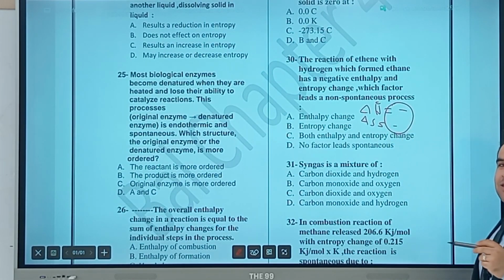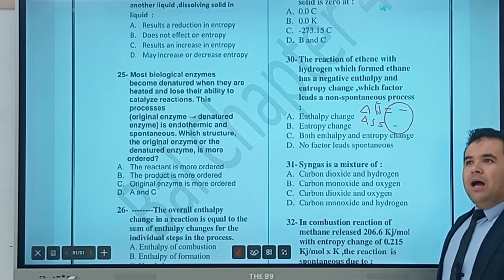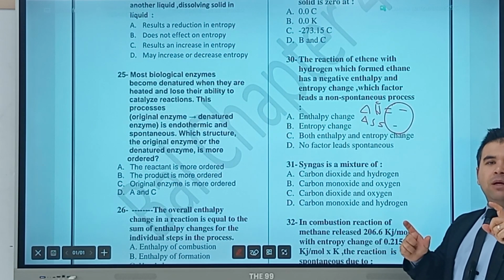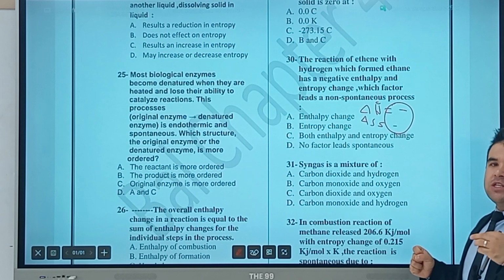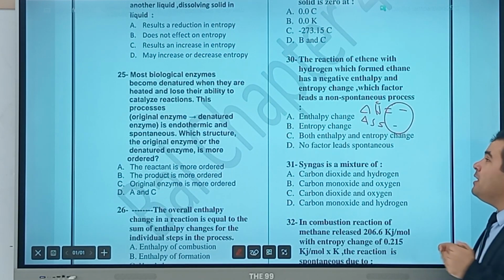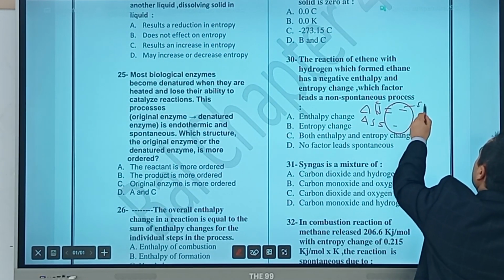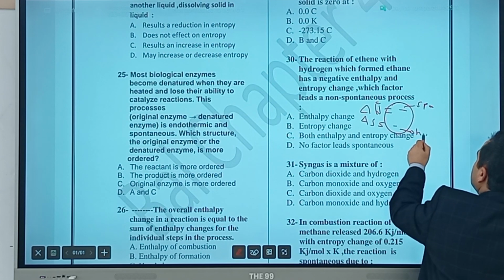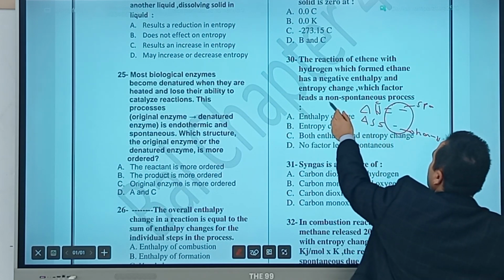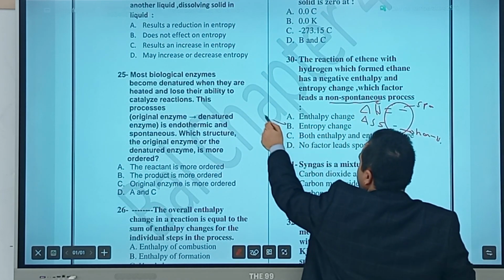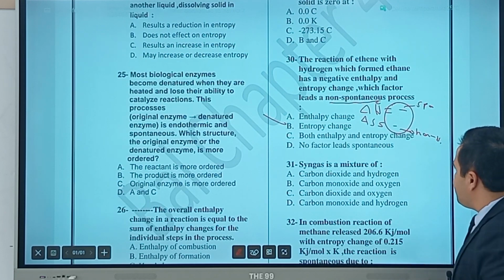We said whenever the signs are the same, one of them leads to spontaneous, the other leads to non-spontaneous. When they are both negative, enthalpy leads to spontaneous, but entropy leads to non-spontaneous. Here it requires non-spontaneous, so entropy is the correct answer.